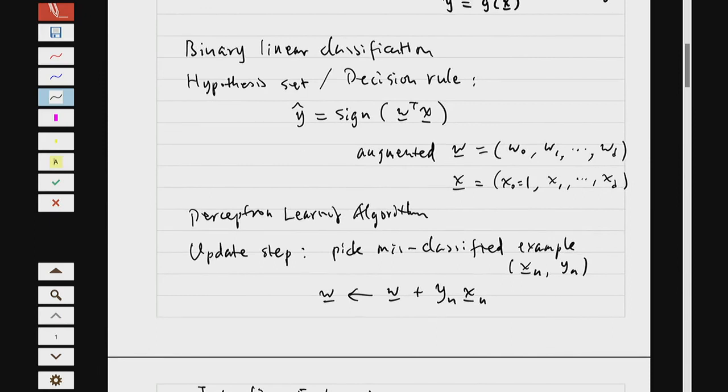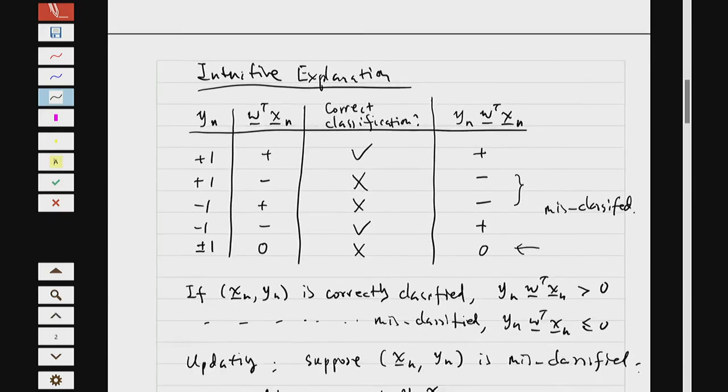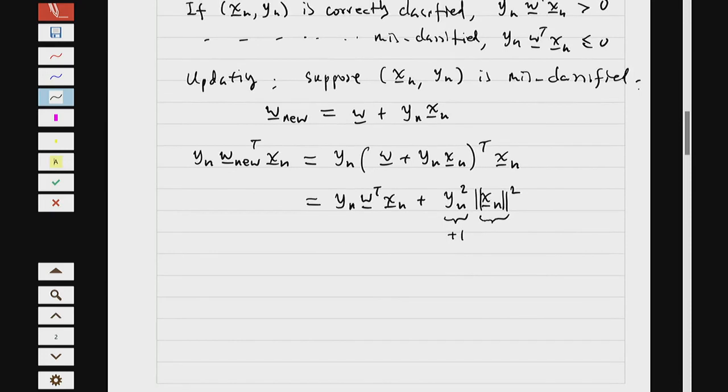The first term is 1, so the norm squared of this cannot be 0 either. So it's strictly greater than 0, because of the augmented form. We have xn0 equal to 1.